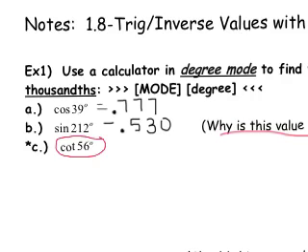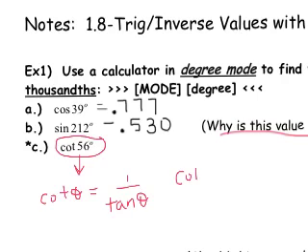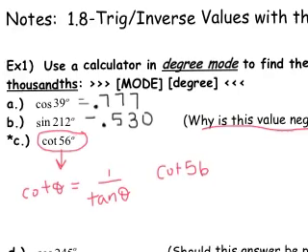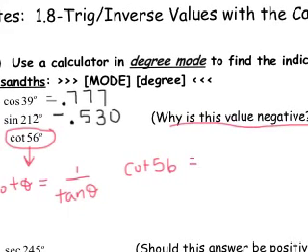So keep in mind that when we first defined those reciprocals, we said that cotangent of an angle is equal to 1 over tangent of an angle. So instead of typing in cotangent of 56, I don't have that button on my calculator, so I'm going to have to type in 1 over tangent of 56.